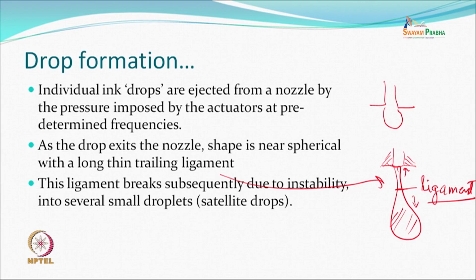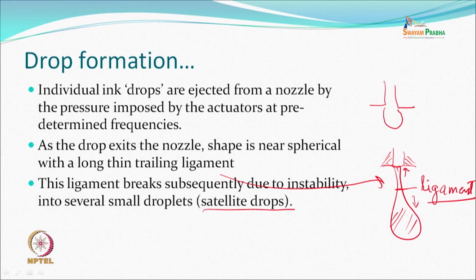We expect that the ligament breaks subsequently due to instability, because there is gravitational force and the push which is taking it away, and while it is breaking it may also create something which we call a satellite drop.